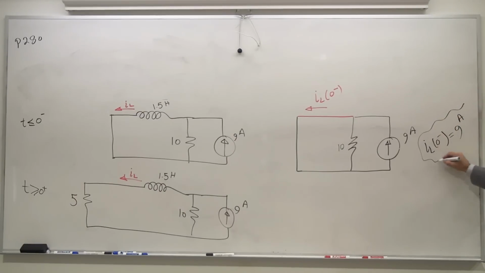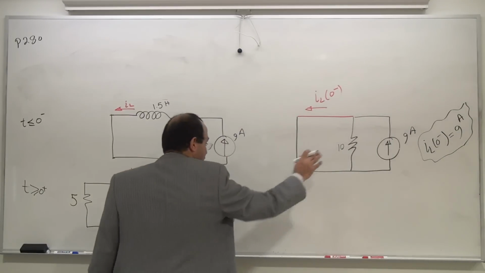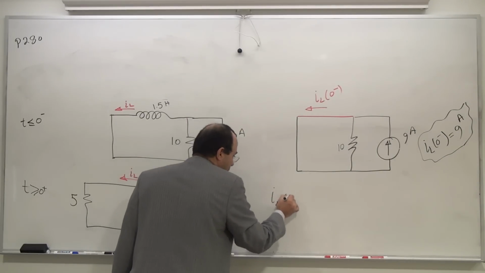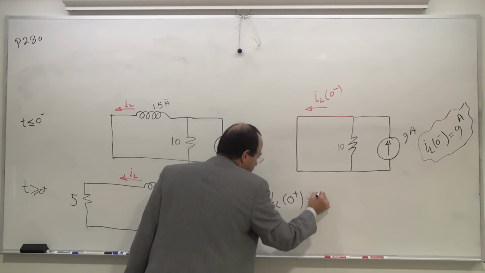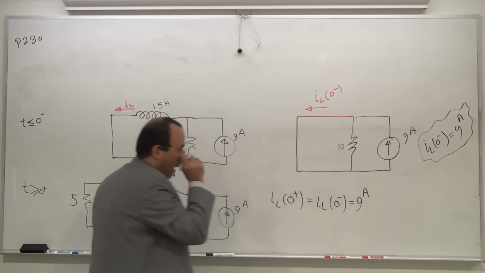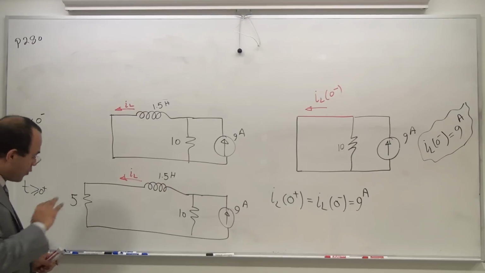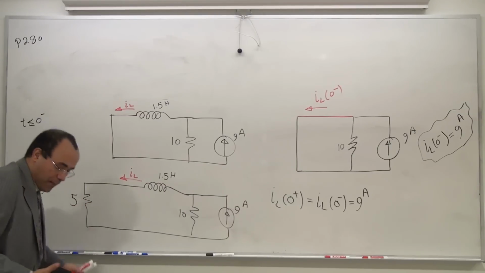It's going to be 9 amp. Why did I care? Because I want to transfer that one to the after the switching event. IL of 0 minus is equal to 9 amp. The task of the circuit topology before the switching event is now complete.